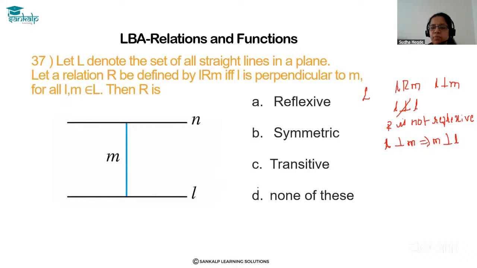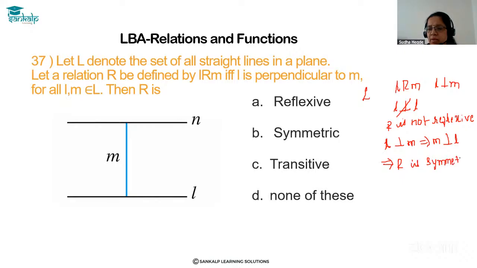So if L is perpendicular to M, then M is also perpendicular to L. That implies R is symmetric.